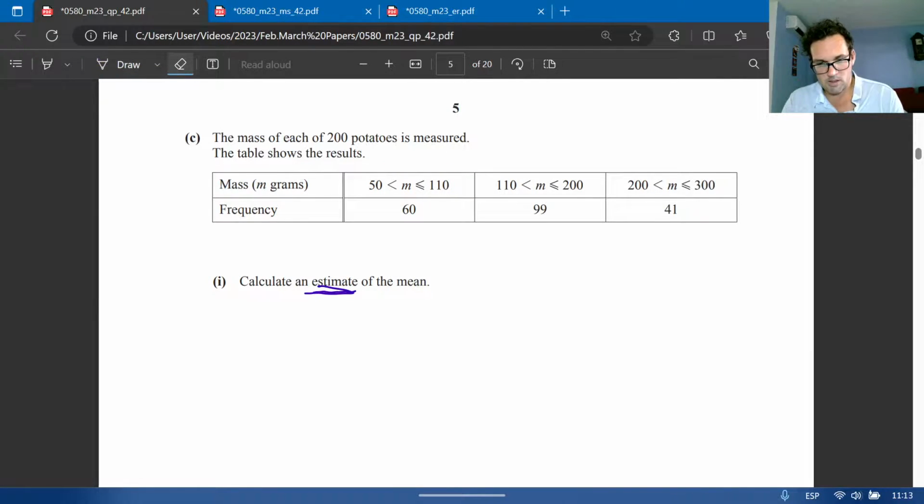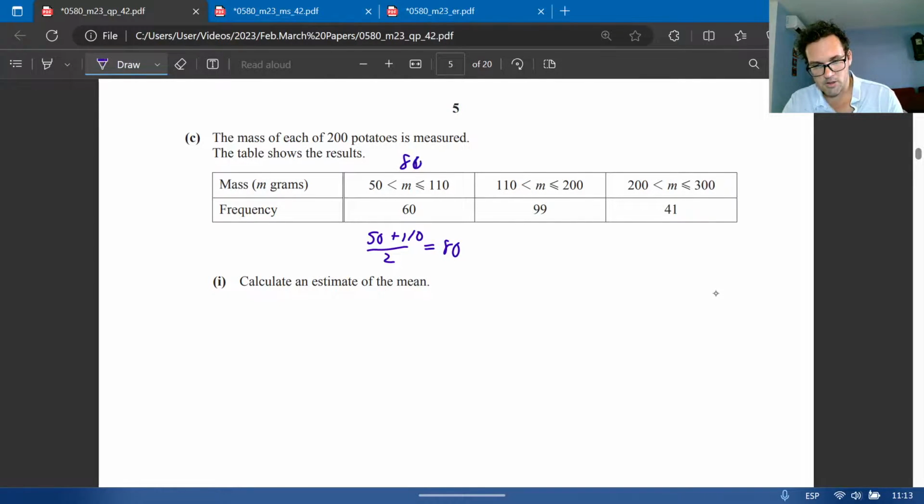So what do we do with these 60 potatoes? They weigh somewhere between 50 and 110. We're going to take an average, and the average is the midpoint. To find the midpoint of two numbers is not that hard. We just add them together, so 50 plus 110 divided by 2. 160 divided by 2 is 80.